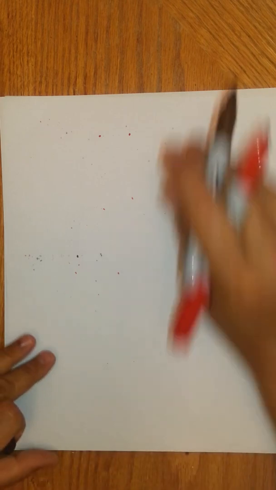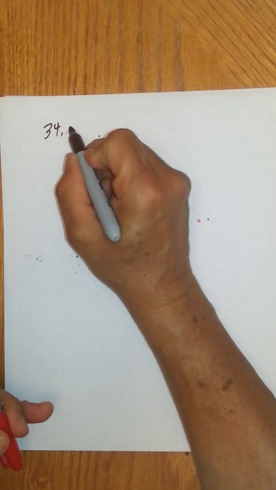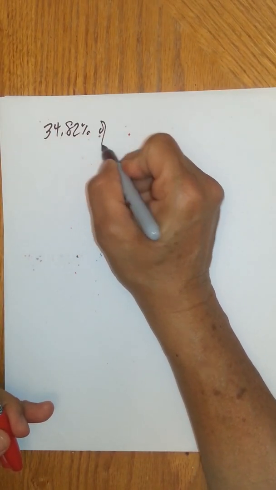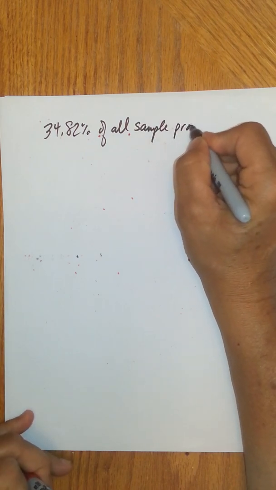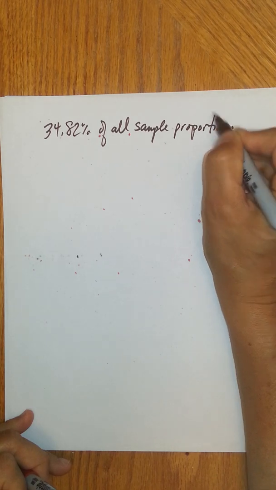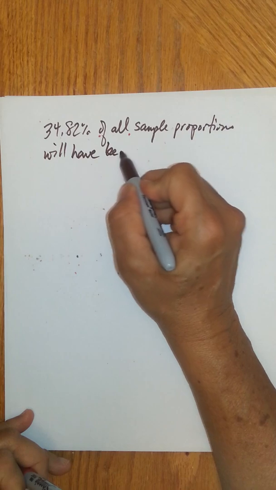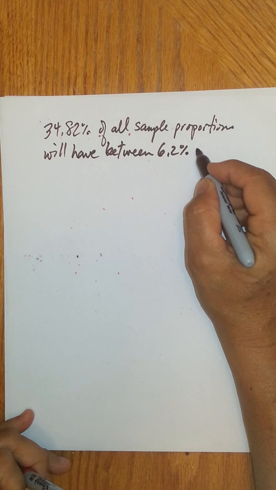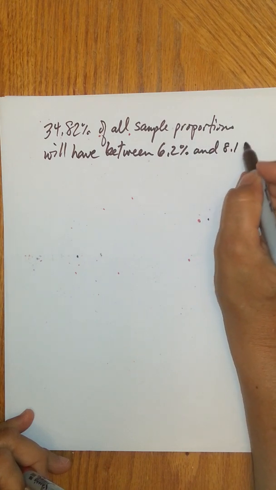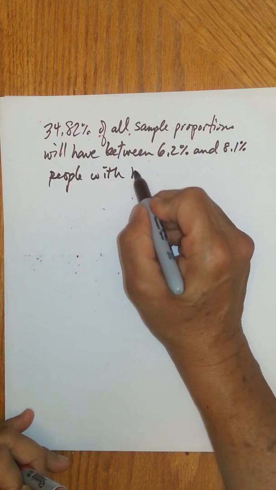Well, what that means is, about 34.82% of all sample proportions or sample percents will have somewhere between 6.2% and 8.1% people with hazel eyes.